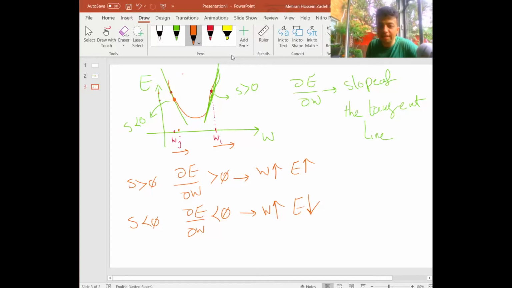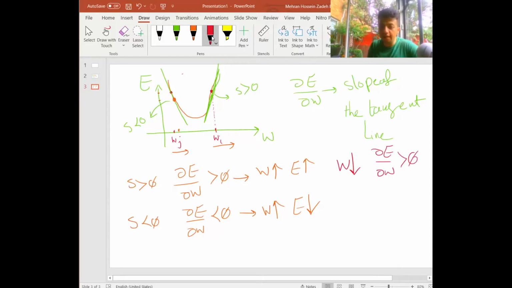So as you can see, in the first case, in order to decrease your error, you have to decrease your w. This is the case where the rate of change of your error with respect to w was positive.